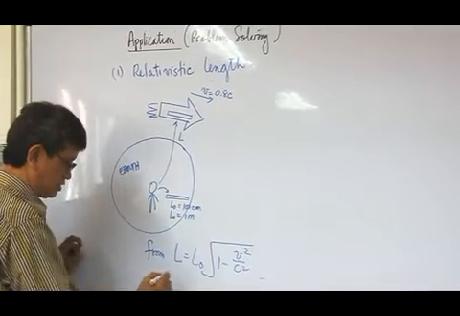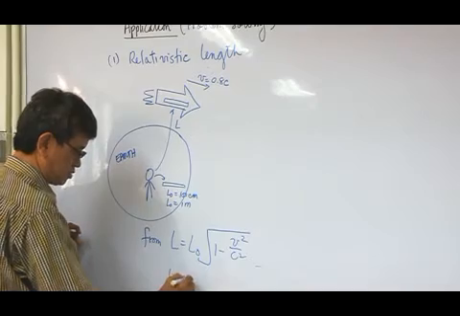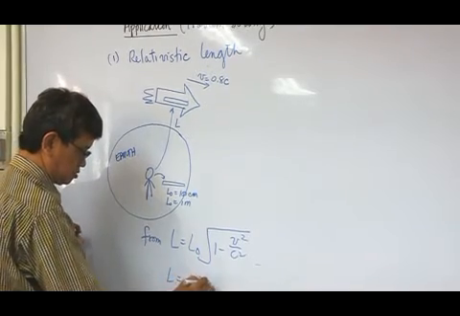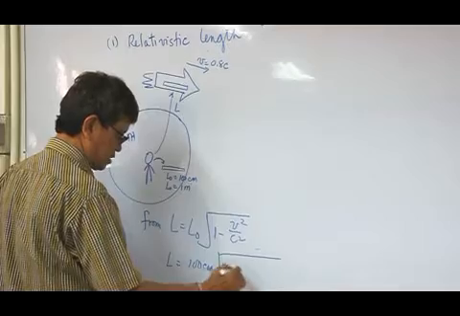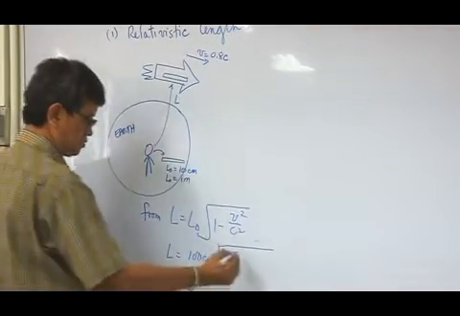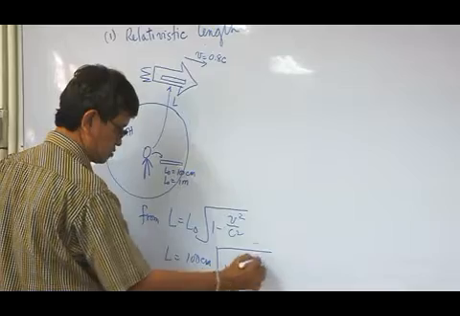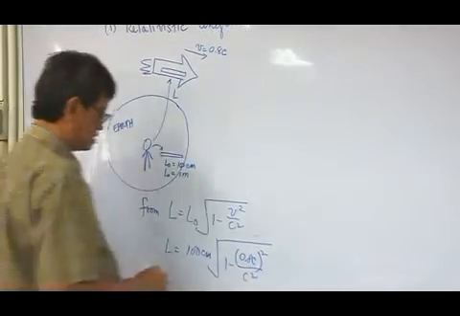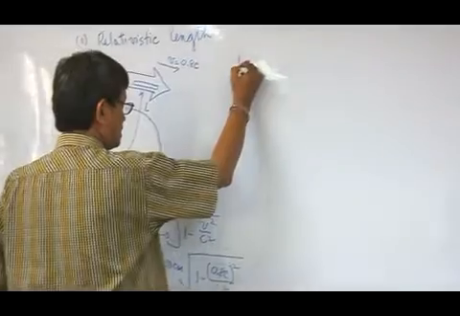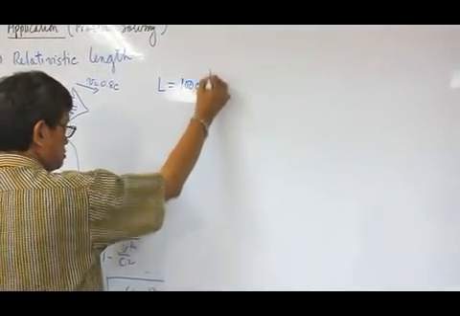Substituting the values, L will be equal to 100 centimeters multiplied by the square root of 1 minus (0.8 of the speed of light) squared over c squared.